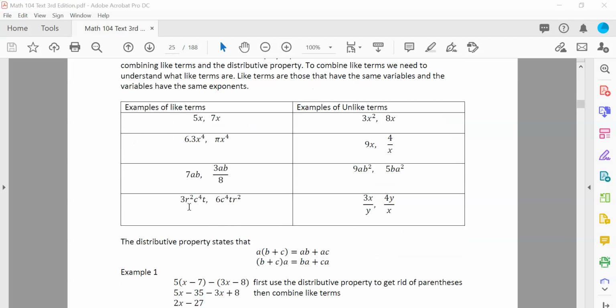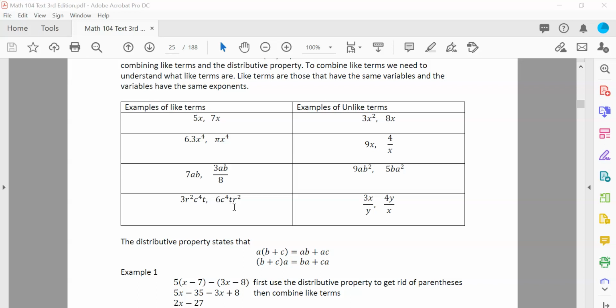By the way, when you have r squared c to the fourth t, and then somebody else mixes up the order of the letters, like c to the fourth t r squared, those are actually like terms. Just because the order's mixed up doesn't mean I can't unmix it. In fact, there's this property when we multiply any numbers called the commutative property, which says that r squared times c to the fourth times t is the same thing as c to the fourth times t times r squared.